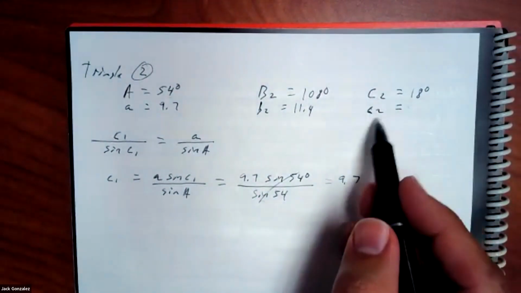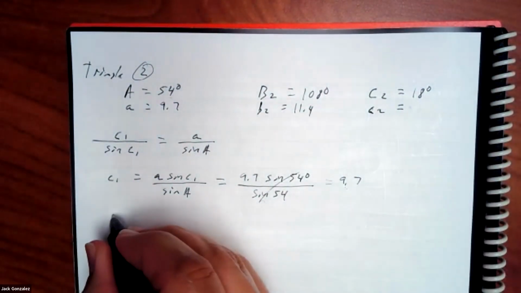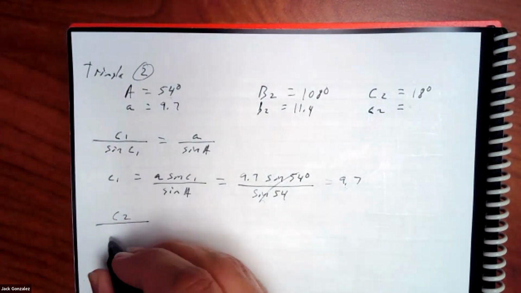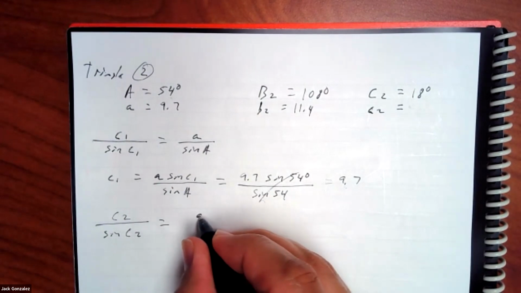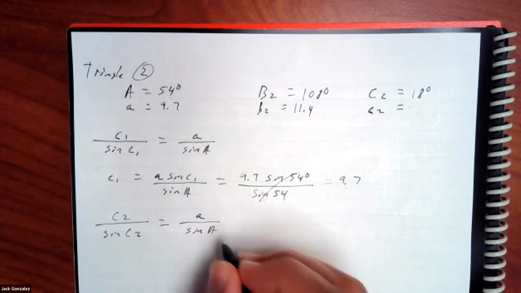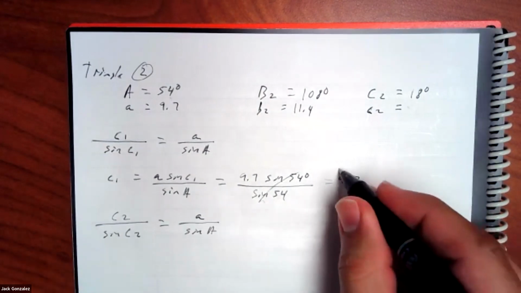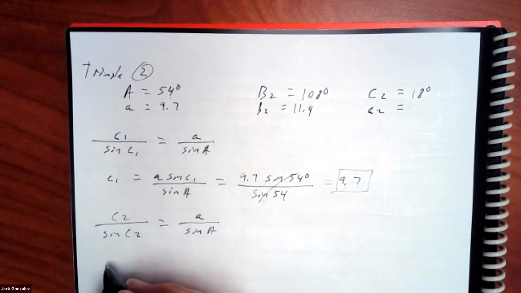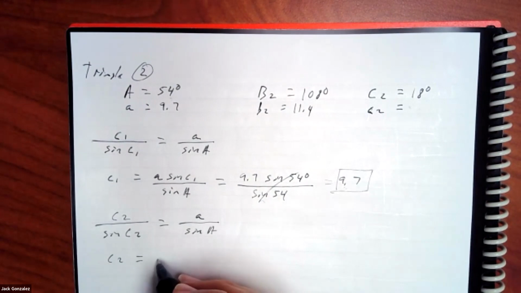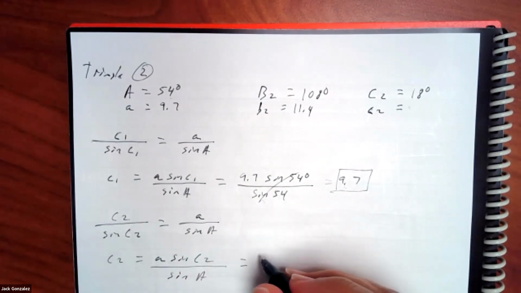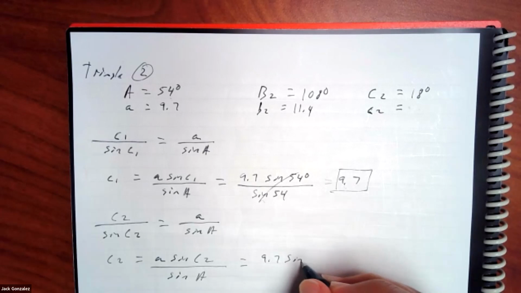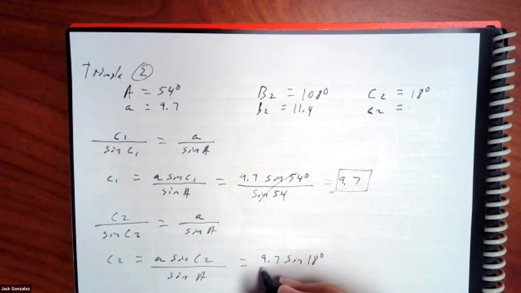All right, so C2. So do the exact same thing. Little c2 over sine C2 is going to be equal to A over sine A. Solve for C2. So C2 would be equal to A sine C2 over sine A, which is 9.7 sine of 18 over sine of 54.